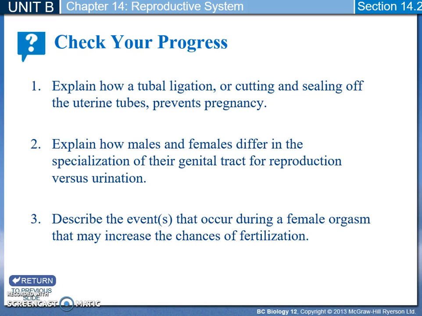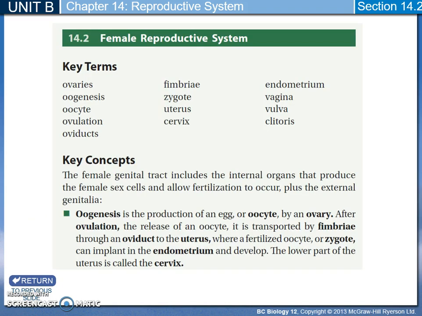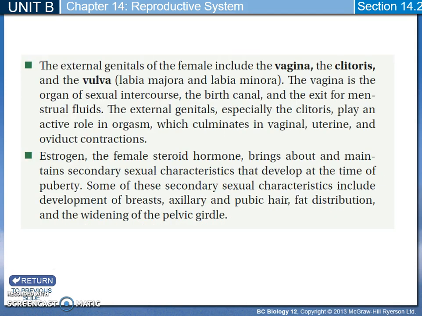So here again are the structures that we've referred to, some of the key concepts, and some of the hormones. We will then look at the hormonal cycle in the female in the next video.